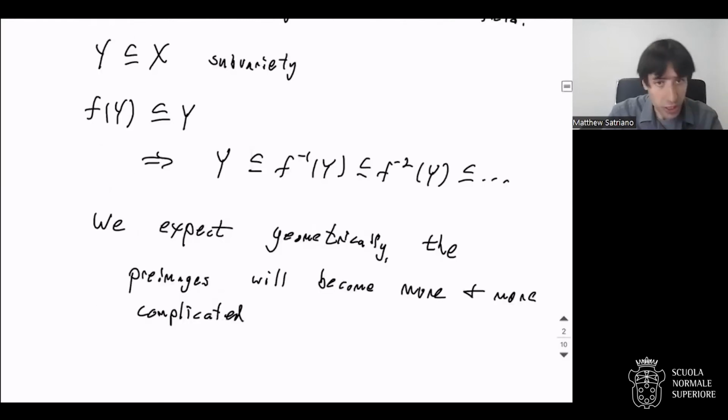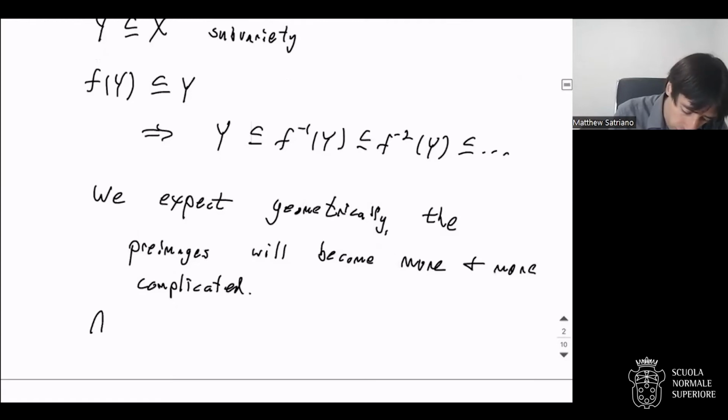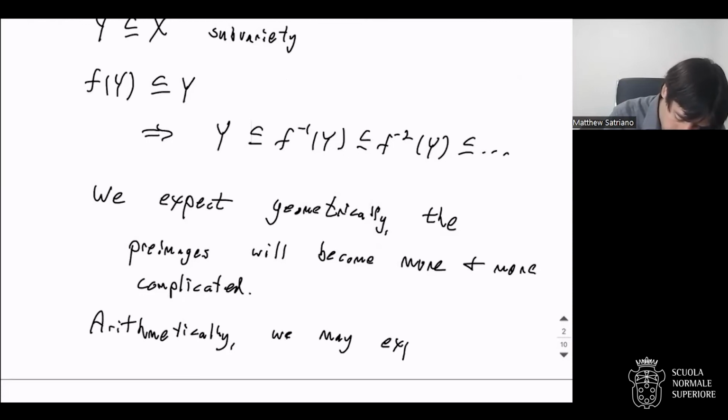And so that should have an arithmetic incarnation. And the arithmetic incarnation here is that the rational points should stabilize. So arithmetically, we may expect stabilization.